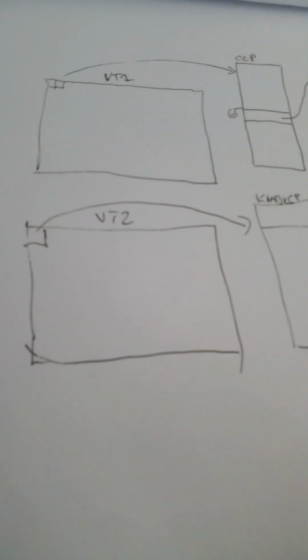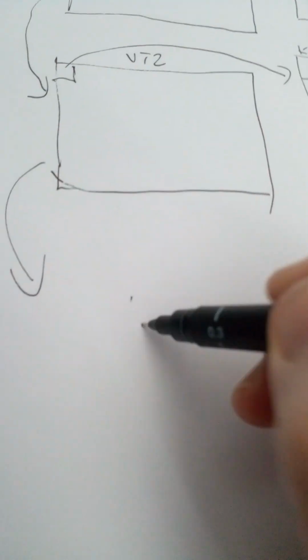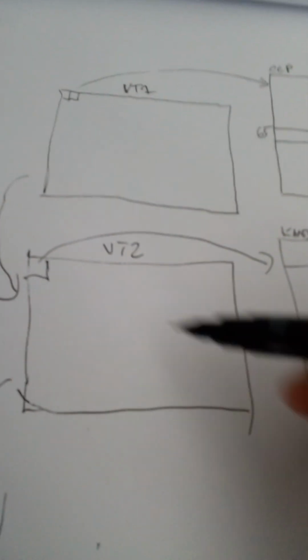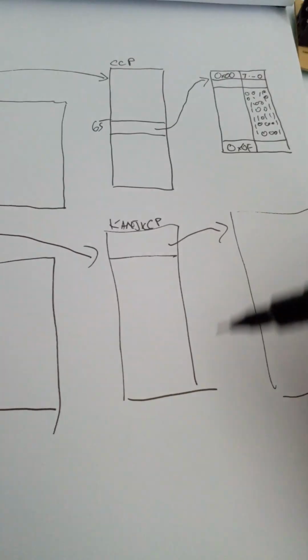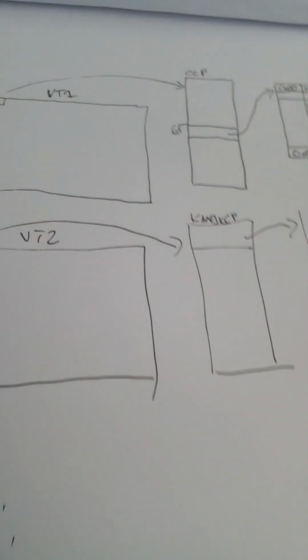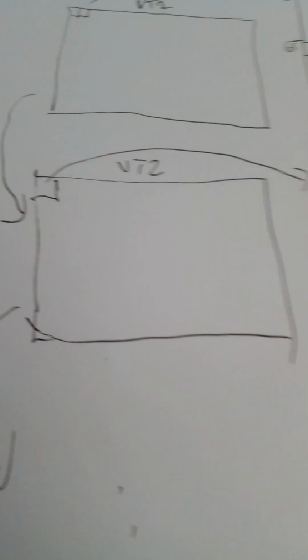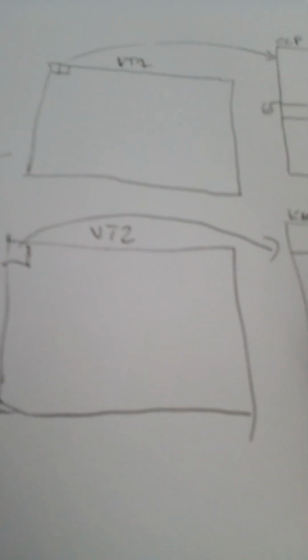So the idea is that you could switch the physical display between any of these buffers, each of which could be in different languages if necessary, with different character sets. And it's still relatively efficient.